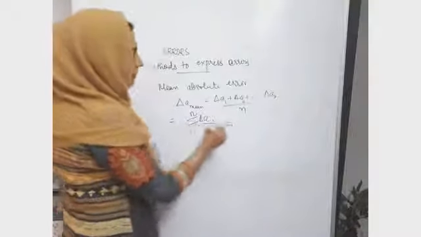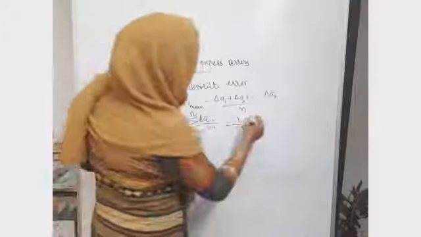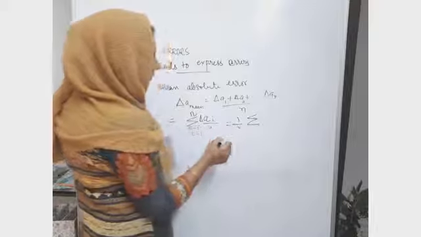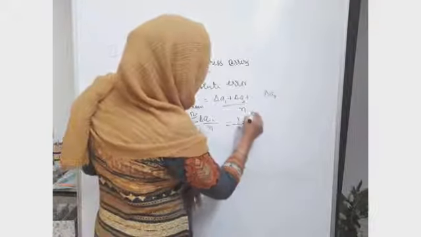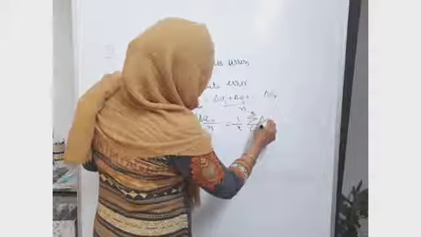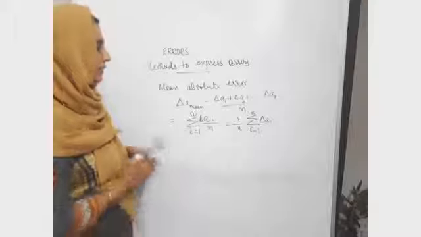And again 1 by n is a constant, so it can be taken out. It need not appear inside the sigma notation. 1 by n into sigma i equal to 1 to n delta ai. This is the expression for delta a mean, or mean absolute error.